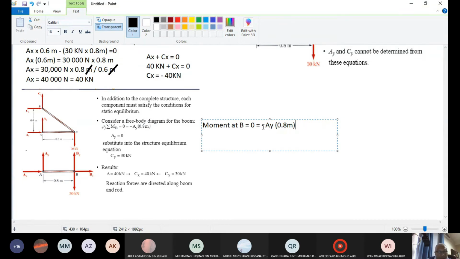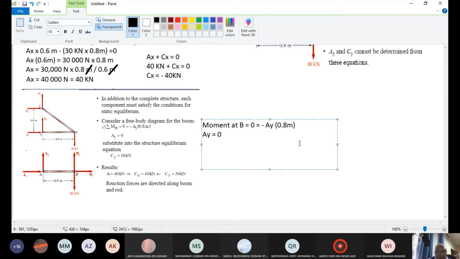Why negative Ay? Because Ay will be acting on B clockwise. Remember our convention is positive anti-clockwise, but Ay times 0.8 will be clockwise, so negative. If we solve that, Ay equal 0.